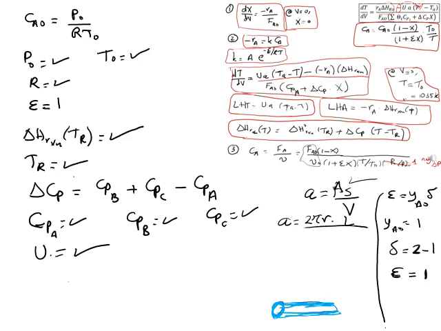What about the volume? Well, the volume is the cross-sectional area times the length. That gives you the total volume.